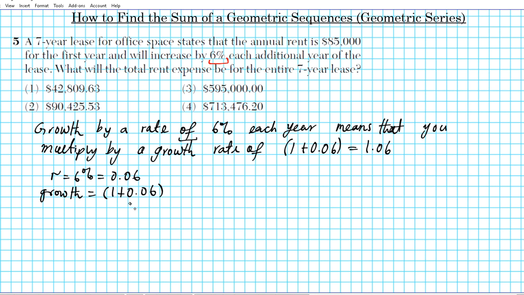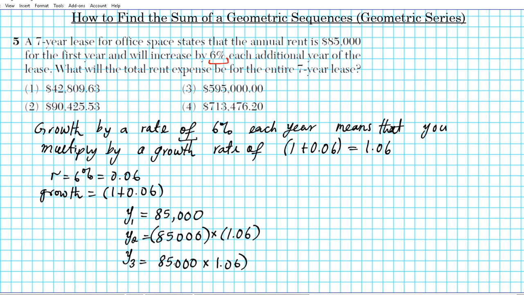So we're going to be multiplying by 1.06 over and over again. In year 1, it was 85,000. Just to illustrate, year 2 is going to be 85,000 multiplied by the factor 1.06. Year 3 is going to be 85,000 multiplied by 1.06 multiplied by 1.06 again.